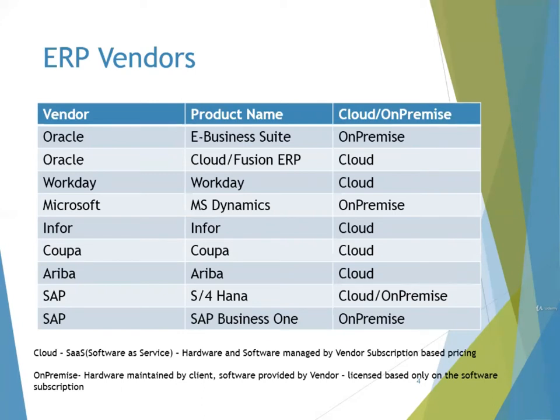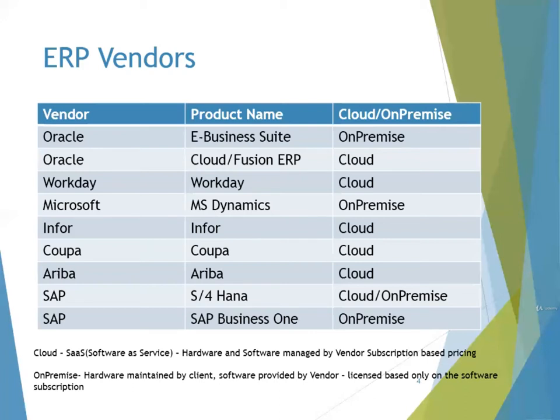In the cloud-based solution, the hardware and software are maintained by the vendor itself. In on-premise, the hardware has to be maintained by the client, and the software you have to purchase from them. That's one of the major differences.